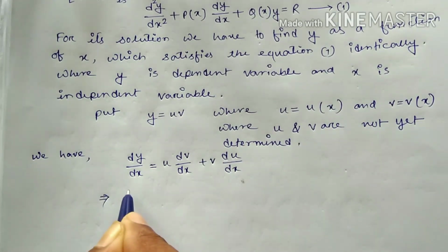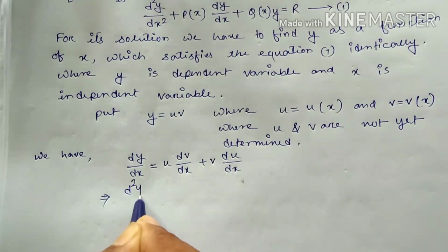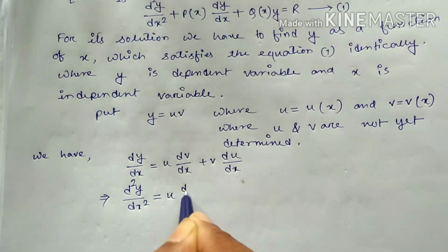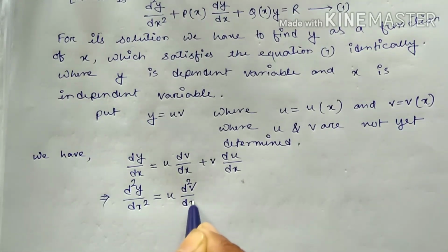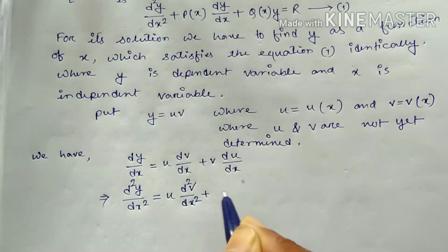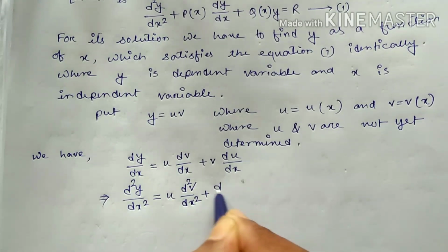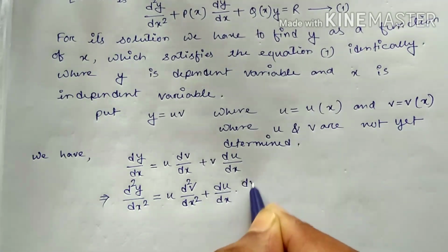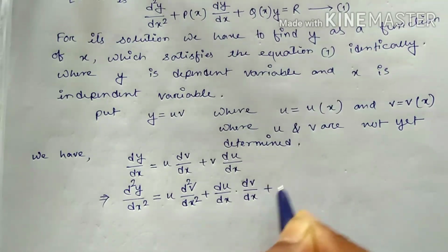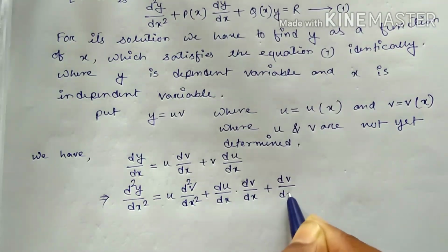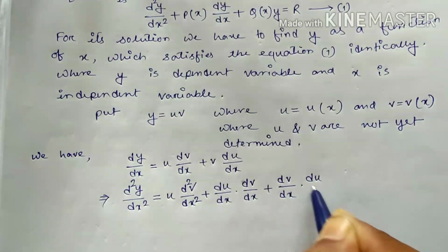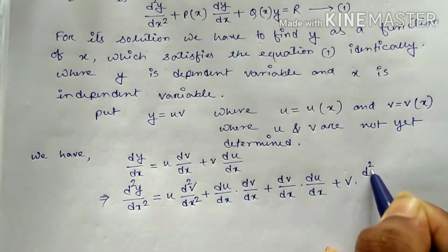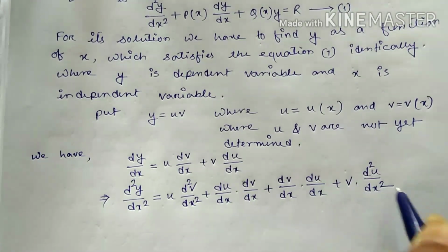This implies that d2y upon dx square is equal to u into d2v upon dx square plus du upon dx into dv upon dx plus dv upon dx into du upon dx plus v into d2u upon dx square.